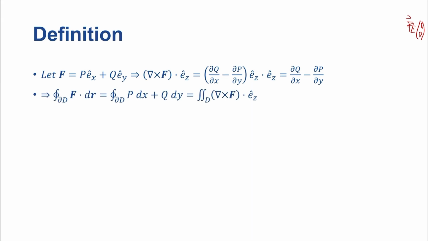So what we'll do here is reformulate it such that the line integral over the boundary of some closed domain of F dot dr is equal to the integral that we saw earlier, P dx plus Q dy, which can be rewritten as the volume generated when we take the curl of F and dot it with the z basis vector.